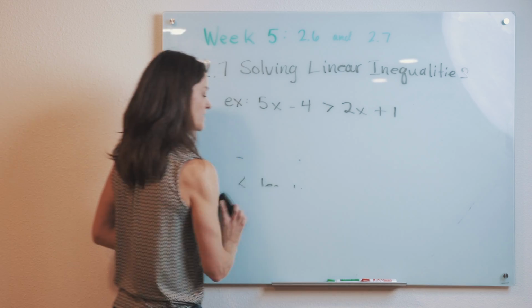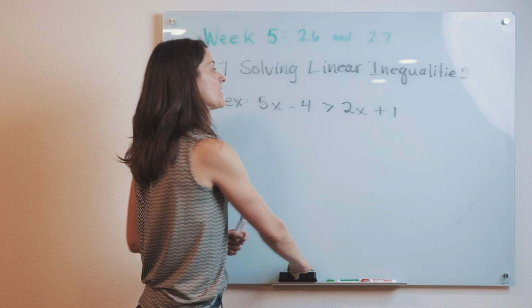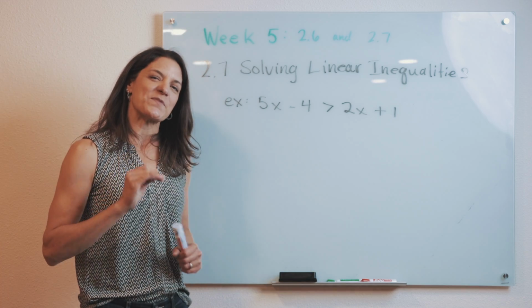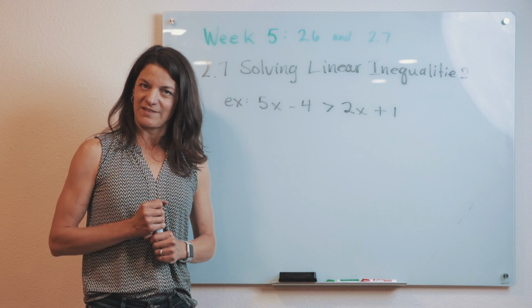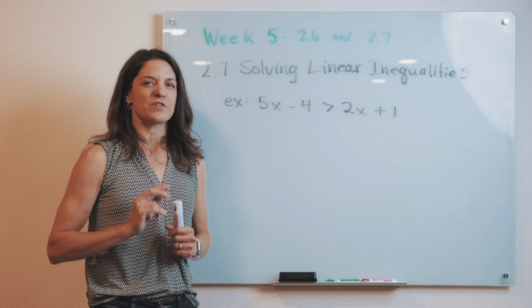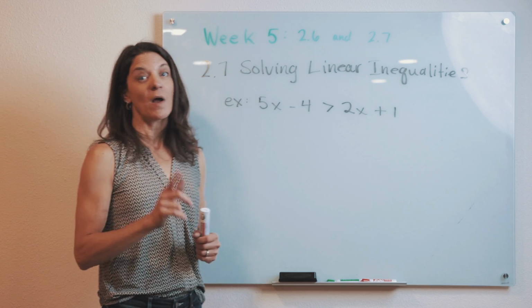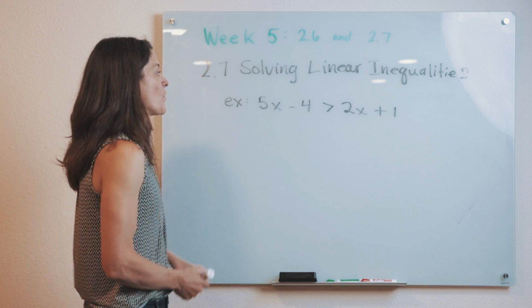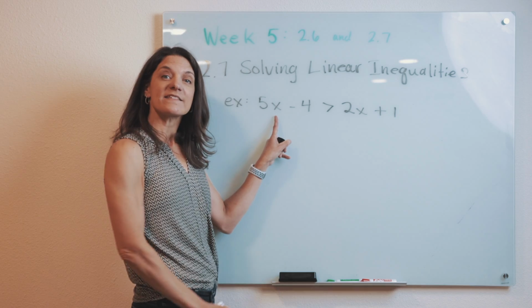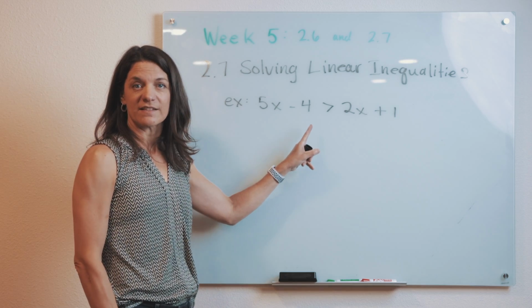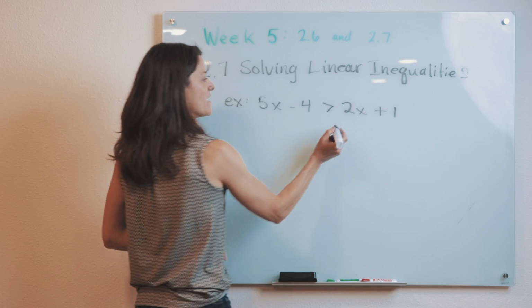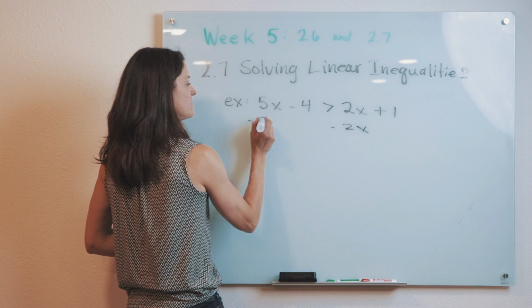Now, the great news is that solving linear inequalities is almost the same as solving linear equations. There's 2 exceptions that we're going to talk about. We're going to go ahead and solve this inequality, and we'll talk about one of those exceptions. So we're wanting to get x by itself on one side of that greater than sign. So let's start off by subtracting 2x from both sides.